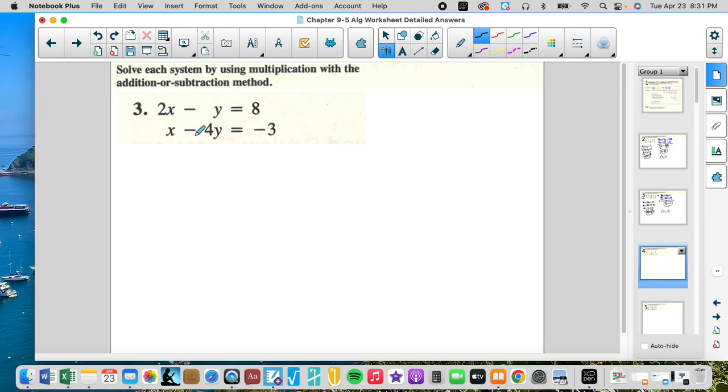These are both positive, these are both negative, so I'm going to multiply the bottom equation by -2 because I need it to be opposite of this x value. So what's opposite of positive 2x is -2x. Top equation stays, 2x minus y equals 8.